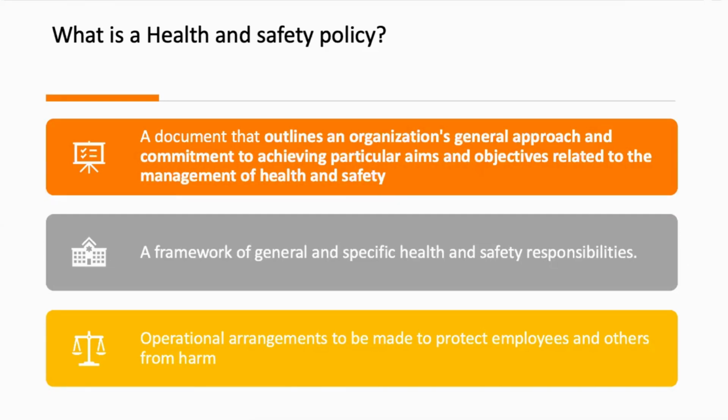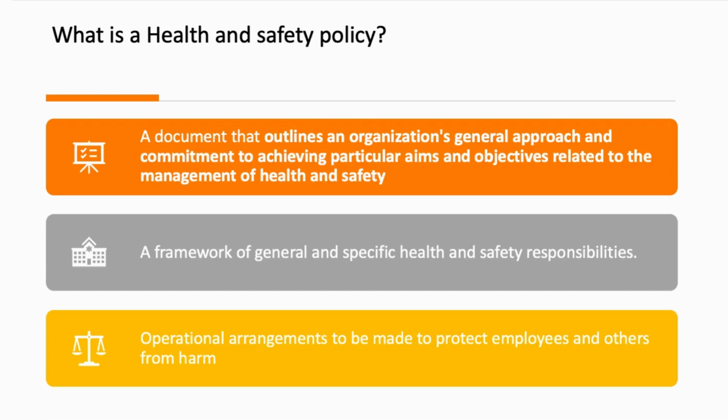Now, I'm going to explain the definition of health and safety policy. Basically, it is a document that outlines an organization's general approach and commitment to achieving particular aims regarding health and safety, and objectives related to the management of health and safety in that organization.